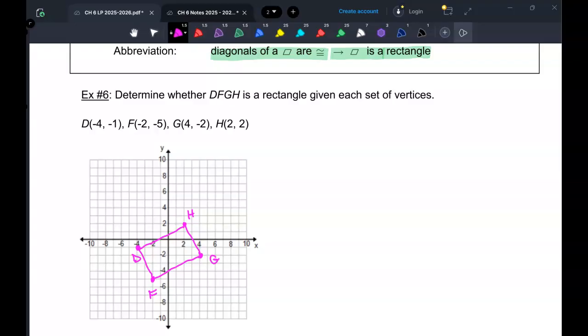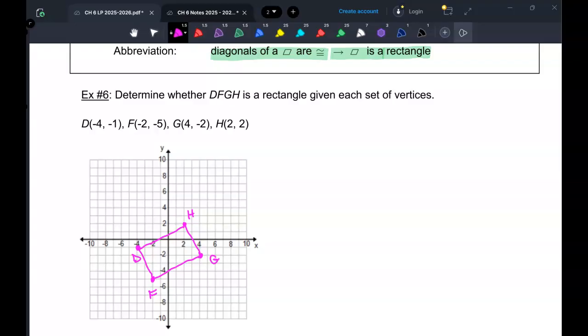Okay, we've got two options. Can we do slope? We could do slope and show that all the sides are perpendicular to each other, consecutive sides. Or we can do the distance from H to F and the distance from D to G. So we either have to do slope 4 times or distance twice.